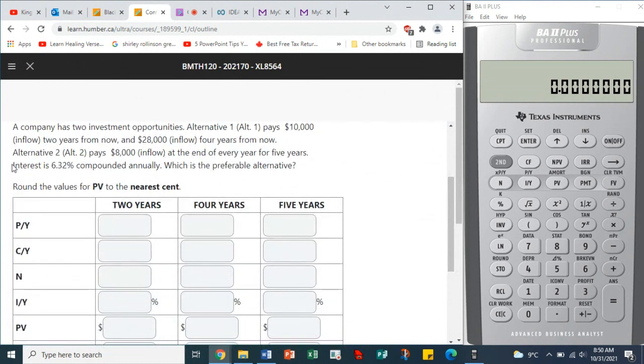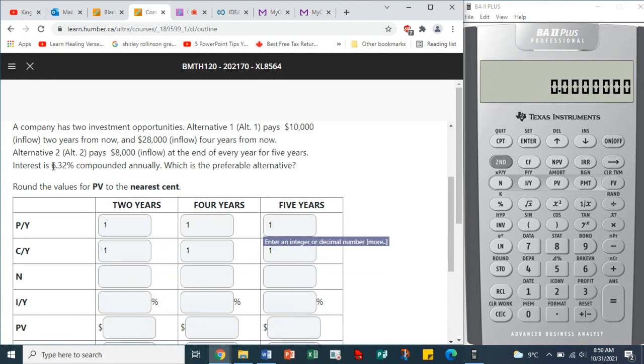What else is there? The interest is 6.32 compounded annually, so that means this is 1, and this is 1, and this here also will be 1. And this is compound interest, so the PY will also be 1 there, PY will be 1 there, and PY will be 1 over here.